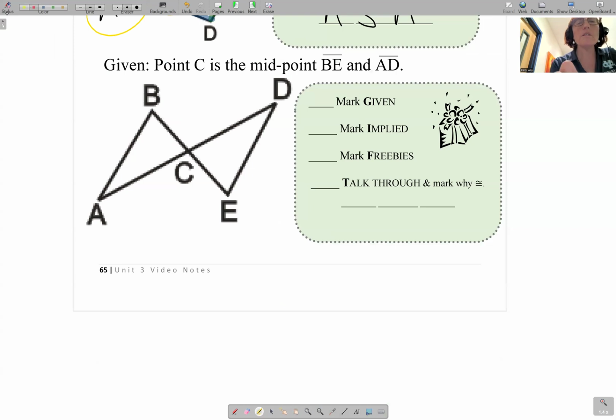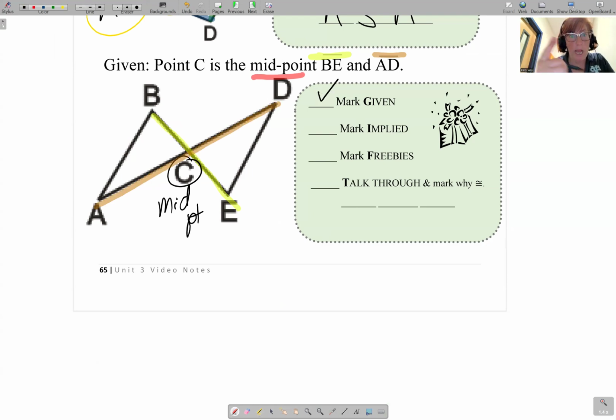Given C is the midpoint of BE, so we trace BE. I'm going to circle C and just write the word midpoint. And AD, it's also going that way. You trace it, midpoint. Implied, if it's a midpoint going both ways, you got one set of sides and another set of sides.